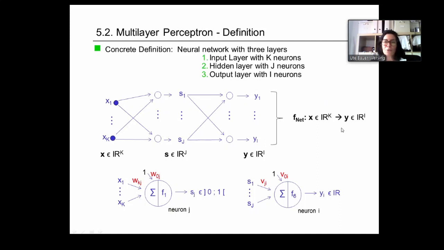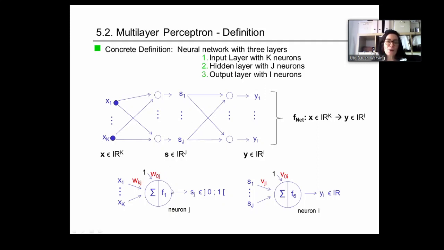Overall, the network calculates a function with a k-dimensional input x and an I-dimensional output y, and in between we have a hidden representation S, which has dimension J. So this is the overall setup of a multi-layer perceptron containing 1 hidden layer.